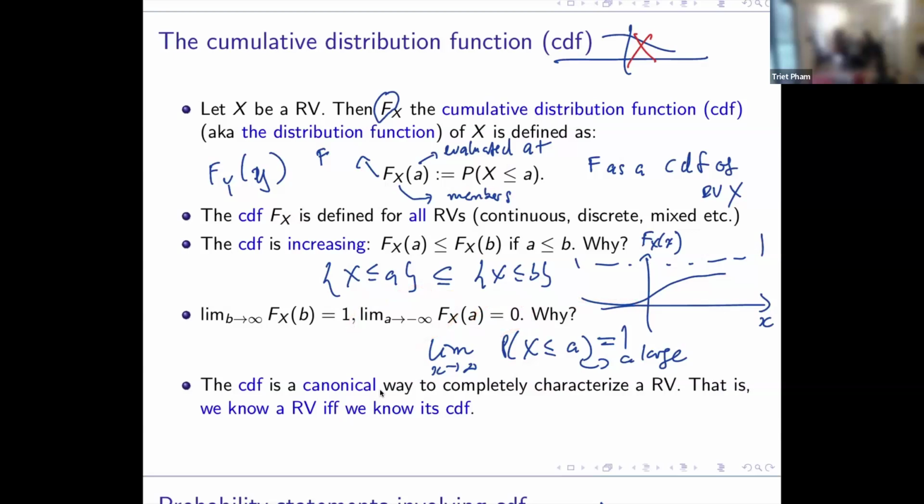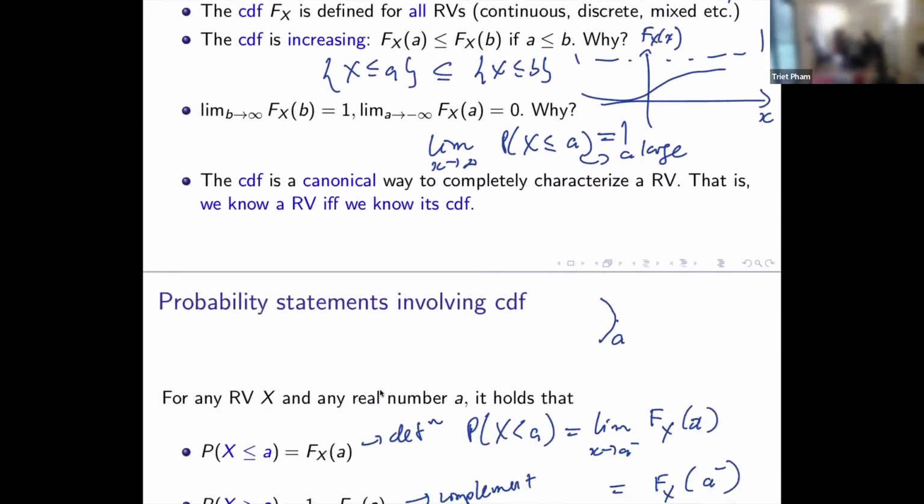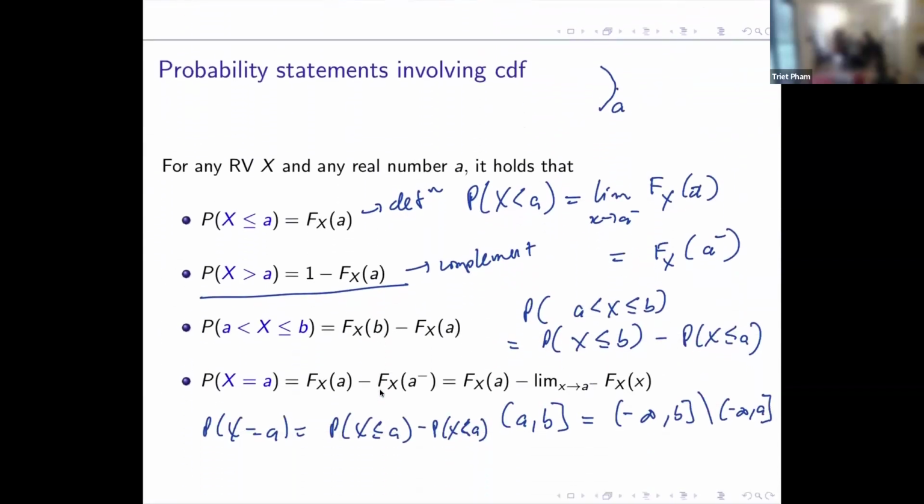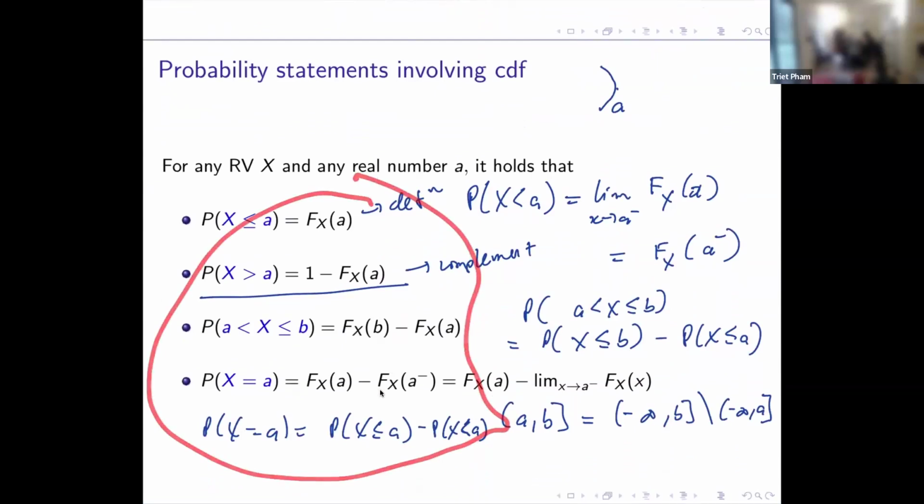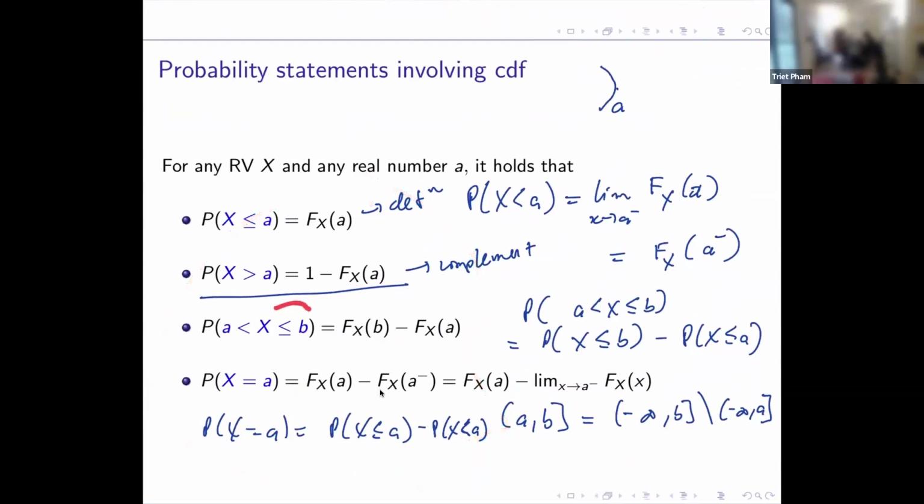The relevance of the CDF, in terms of how it recovers probabilities, is the following, including the last one, which is here, including the point mass.